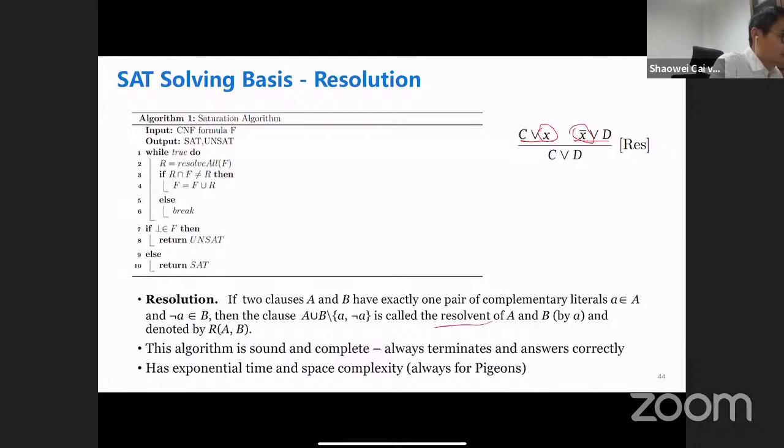When the algorithm terminates, if there is an empty clause in the formula, then we return unsat. Otherwise, we return sat. Of course, this algorithm is sound and complete, but it has exponential time and space complexity, and the space complexity is particularly high because in each step it generates all the possible resolvents.